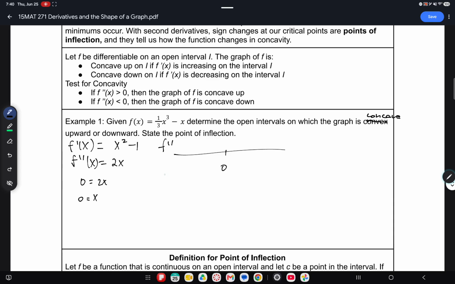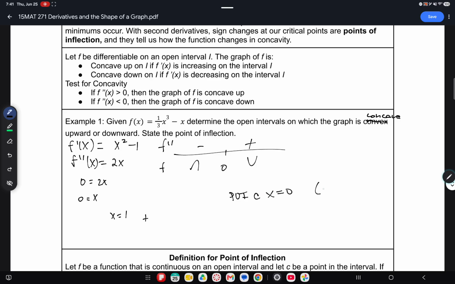So we do cross here. Multiplicity is odd. Let's use x equals 1. Well, 1 times 2 is 2, so it's positive, which means the left is negative. So the original function is concave down and then concave up. We have that sign change, so a point of inflection at x equals 0.